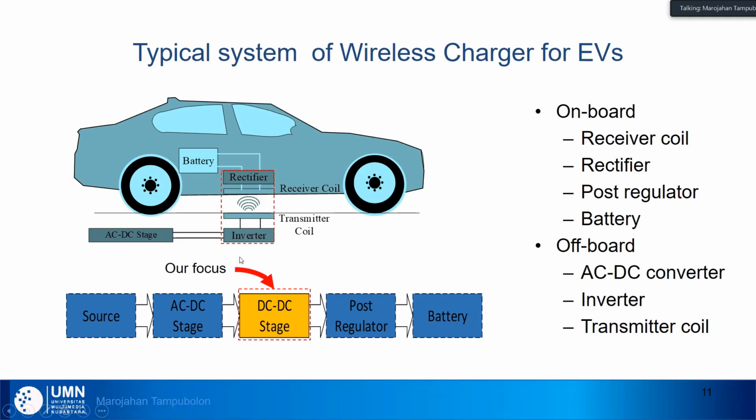As we can see here, there are two groups. One group is the onboard device, and another one is offboard. The onboard device usually consists of a receiver coil, rectifier, pulse regulator, and also battery. And the offboard side consists of an AC-DC converter, inverter, and transmitting coil.